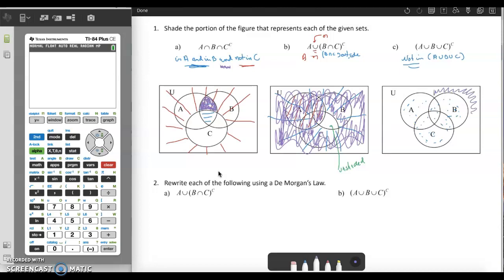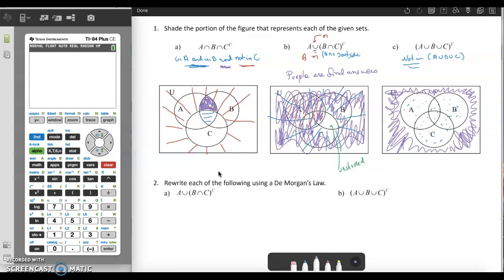So I'm going to just zigzag shade everything that's not in those circles. So all my purples are my final answers on these. If you want to look back at that later.